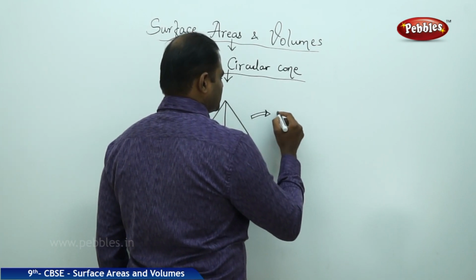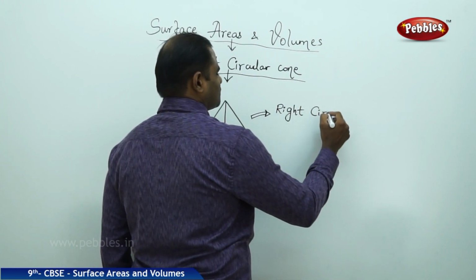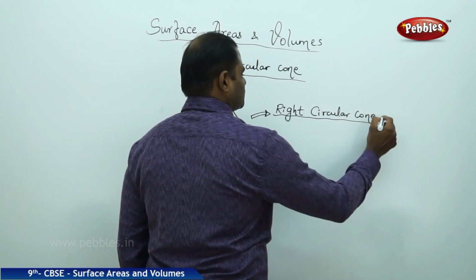So let's take the definition of a right circular cone.